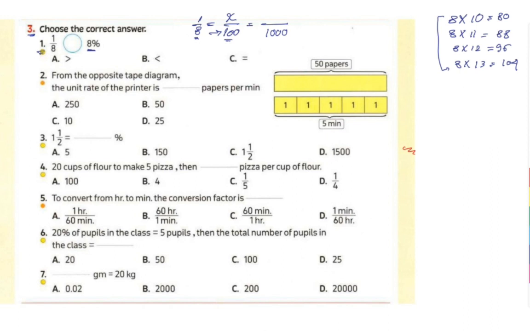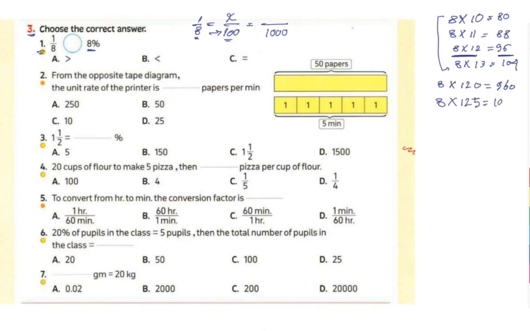How? If you try 8 times 120: 8 times 12 is 96, but 8 times 120 is 960. So 8 times what equals 1000? Times 125.